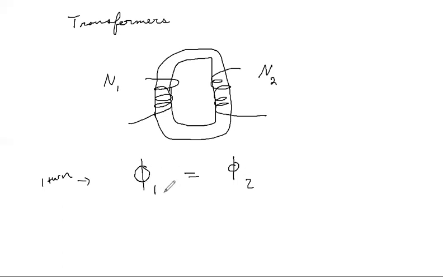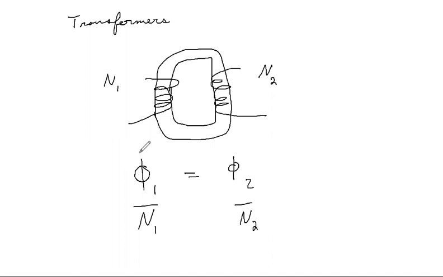Rather than thinking about one turn, we can think about the entire flux on the left and the entire flux on the right, and then we can erase this condition by dividing by the total number of turns, where phi 1 and phi 2 refer to the total flux on the left and right.